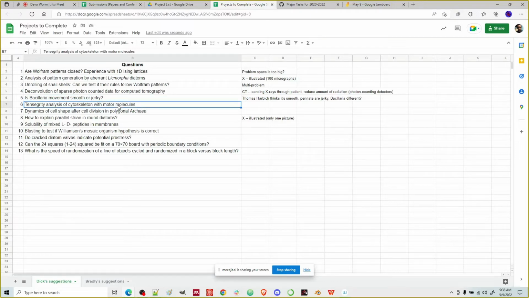And then number 6 is tensegrity analysis of cytoskeleton with motor molecules. Susan, I don't know if you're looking at this. The question is, what happens? Most tensegrity structures have fixed connections between the solid parts and the elastic parts. They've made some active tensegrities.